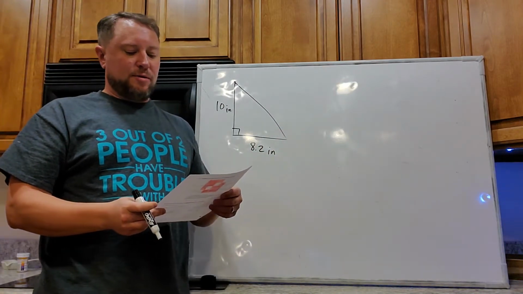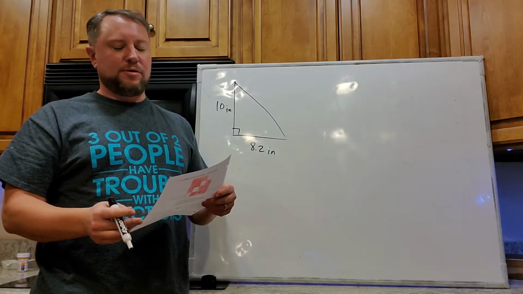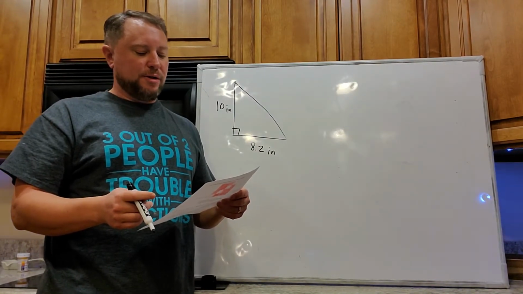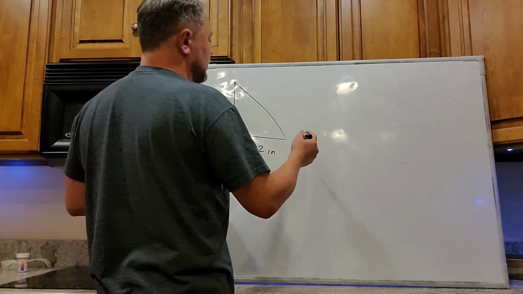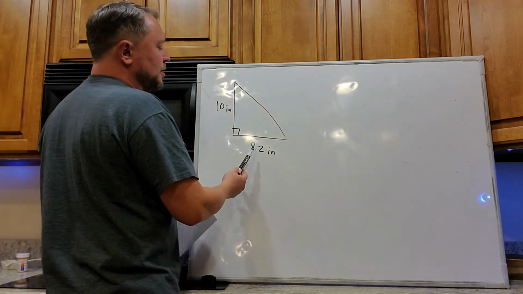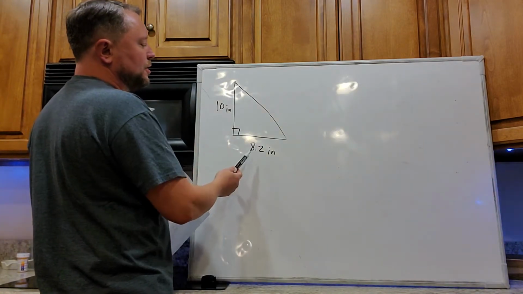And then it says the shorter leg of a second right triangle similar to the first is 15.4 inches long. Okay, so it's going to be similar to this one, and it's going to be the shorter leg. So you see how 8.2 is the shorter of these two?